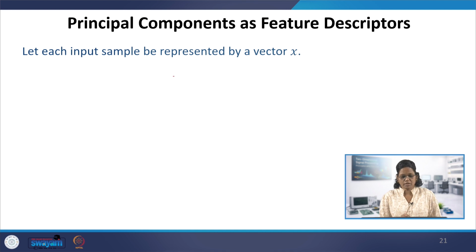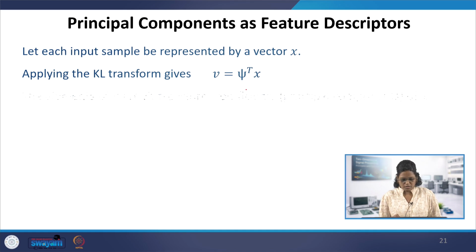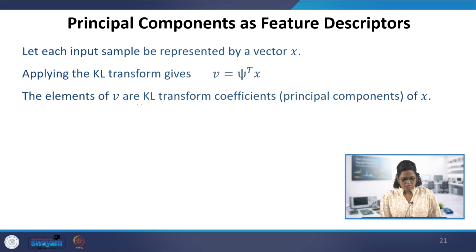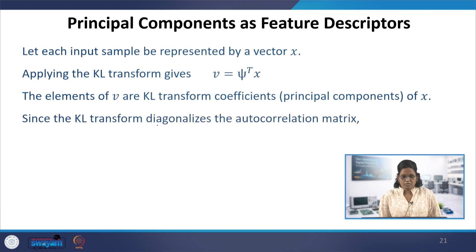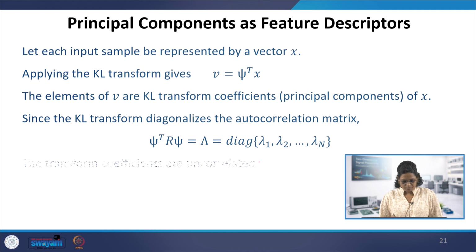Taking an input sample represented by vector x, the KL transform, as I said, is psi transpose x, or alternatively psi dagger x. The elements of V, the KL transform coefficients, are the principal components of x, and the autocorrelation matrix of V is diagonal, with lambda 1, lambda 2 and so on arranged in diagonal form.